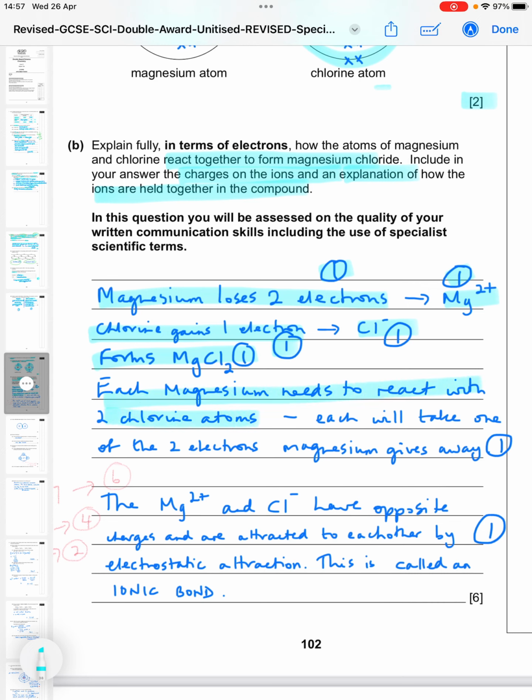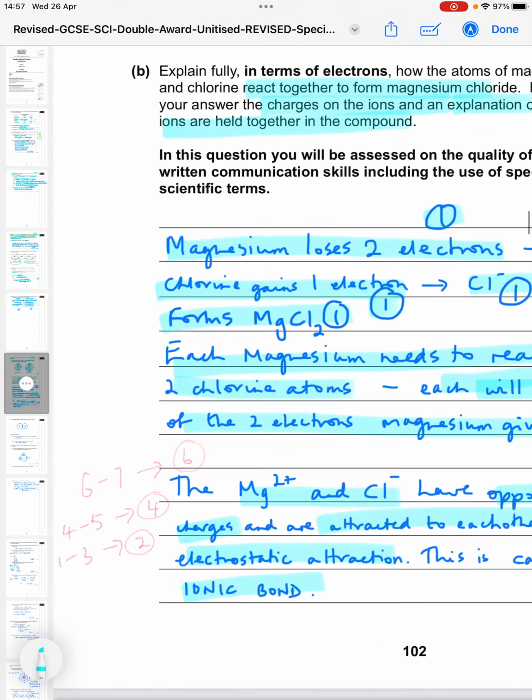And then the idea somewhere in your answer that each magnesium needs to react with 2 chlorine atoms, and each chlorine will take 1 of the 2 electrons that magnesium gives away. That's another point. And then finally, the fact that the magnesium ions and the chloride ions have opposite charges and are attracted to each other, and that they're held together then by electrostatic attraction, which is an ionic bond.